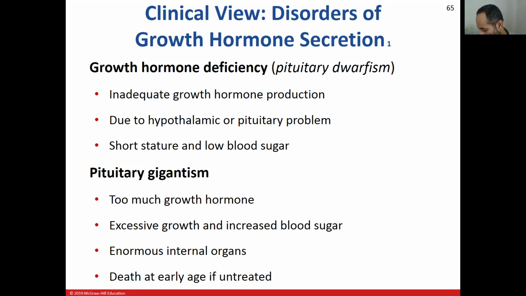So let me write it down here: giants and congestive heart failure and chronic renal failure.